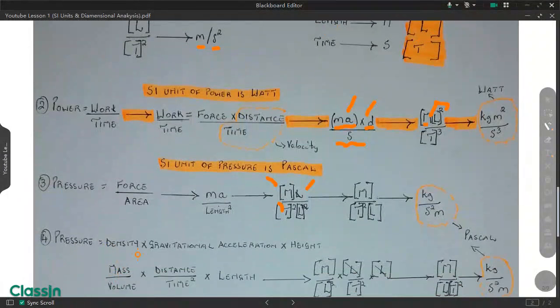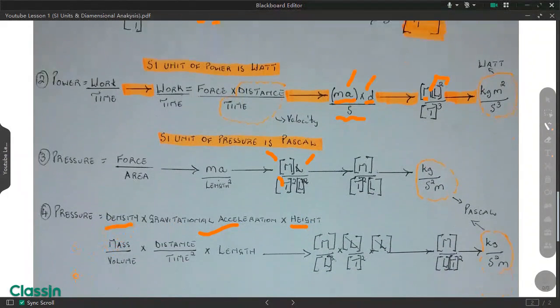So pressure in fluids is density multiplied by gravitational acceleration multiplied by height. So density is mass over volume. Sure, mass over volume. And then the gravitational acceleration is meters, which is the distance per second squared, which is time squared. And then the height is the length. So mass is denoted by M, volume is L cubed, this one.